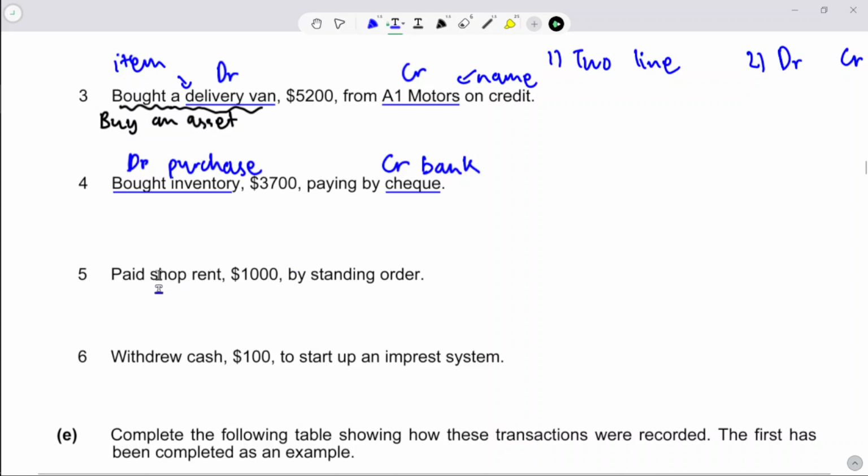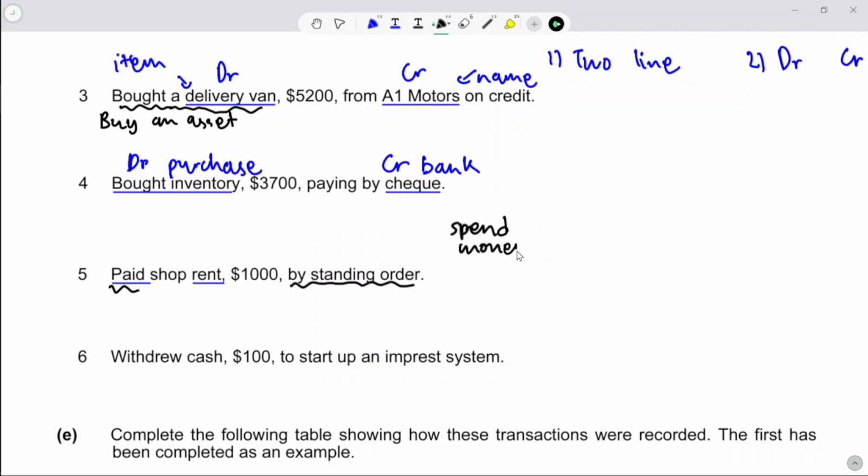So rent is also one line. So another line will be pay. You pay by standing order? By standing order is actually you spend money.